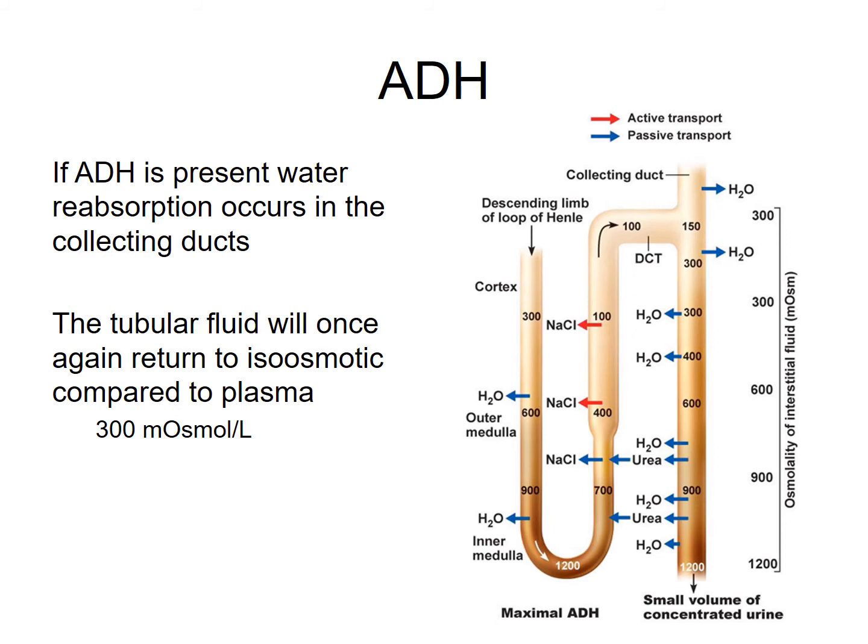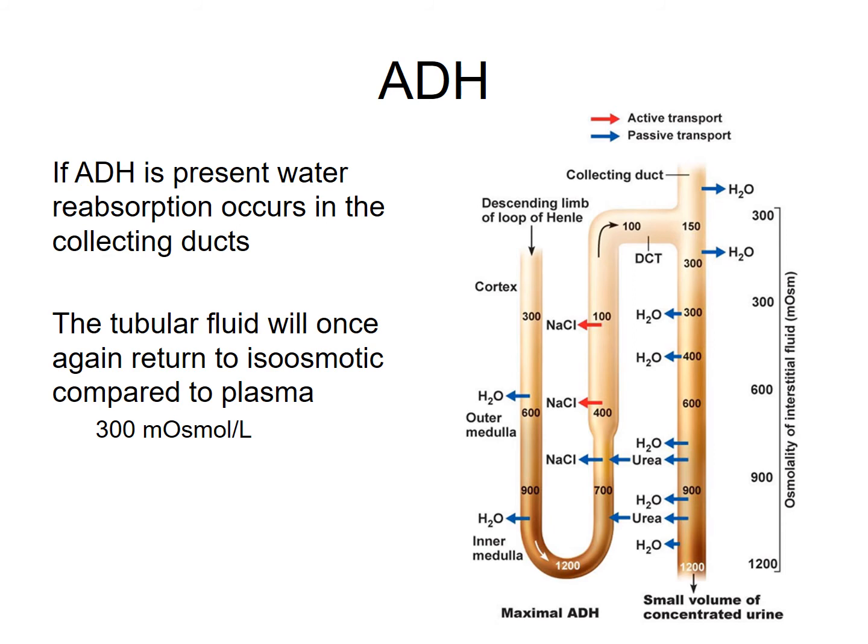So even though the filtrate in the loop of Henle changed on the way down and changed on the way back up, where does this become really important? It becomes really important in the collecting duct because the gradient that your loop of Henle set up is going to allow that much more H2O to leave if you have ADH present.